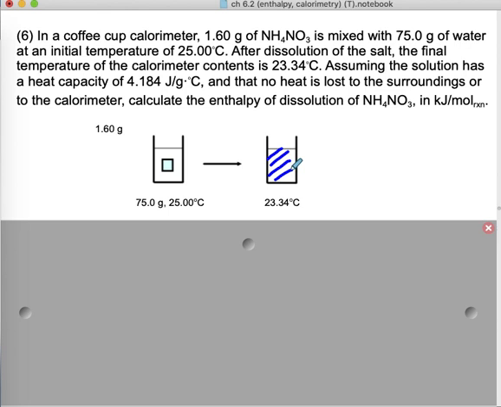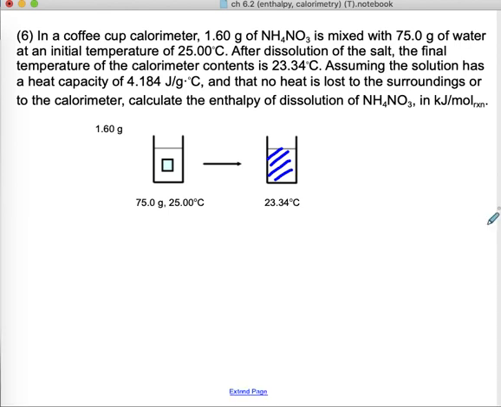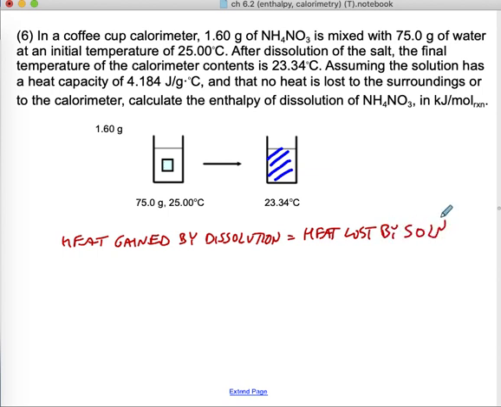Now, we are going to make the assumption that the heat gained by the dissolution, and notice that because the temperature decreased, that means that the system, the ammonium nitrate dissolving, dissociating, gained heat energy, is equal to the heat lost by the solution in the calorimeter.